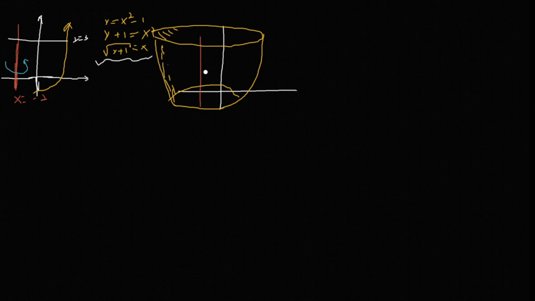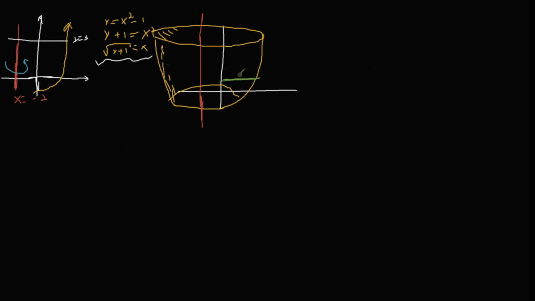But we need to try and figure out what we need to integrate here. Kind of have an idea of what it's going to look like. It's going to be some kind of gumdrop, I guess, some kind of cup around this line x is equal to -2. So if we know this line right here, this is just square root of y plus 1.